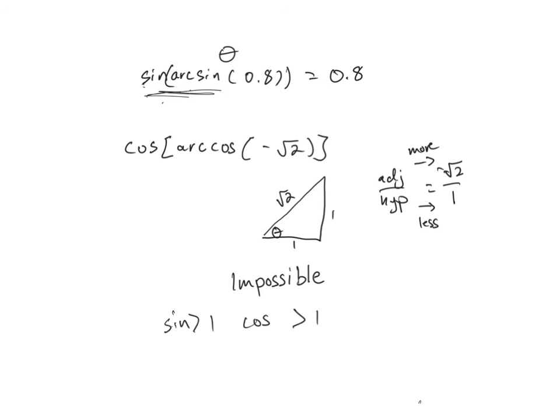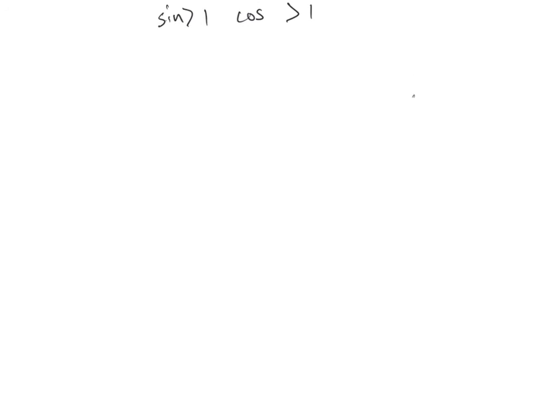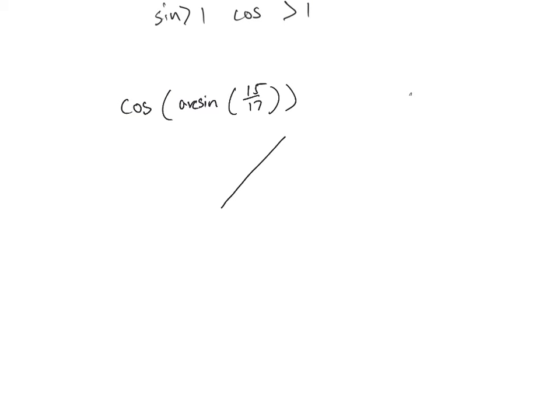Let's try another example. Let's say we are given now the cosine of the arc sine of 15/17. Always draw a picture to see what we are working with here.